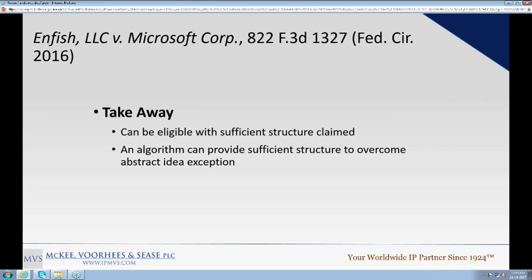And then the other takeaway from it was that in this case, this 4-step algorithm did provide sufficient structure to overcome this abstract idea exception, which was a good thing.